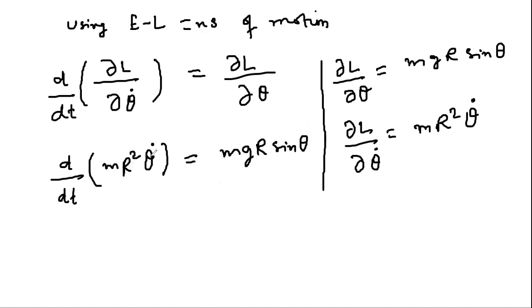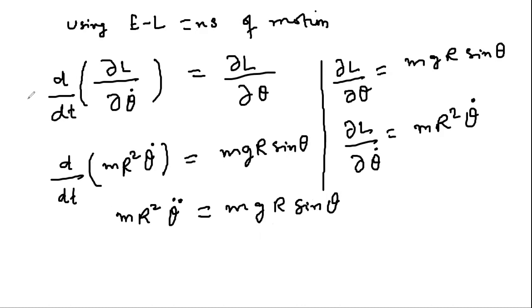So it will become simply m r square theta double dot is equal to mgr sine theta. So m will cancel out, one r will cancel out. I will get the equation of motion.